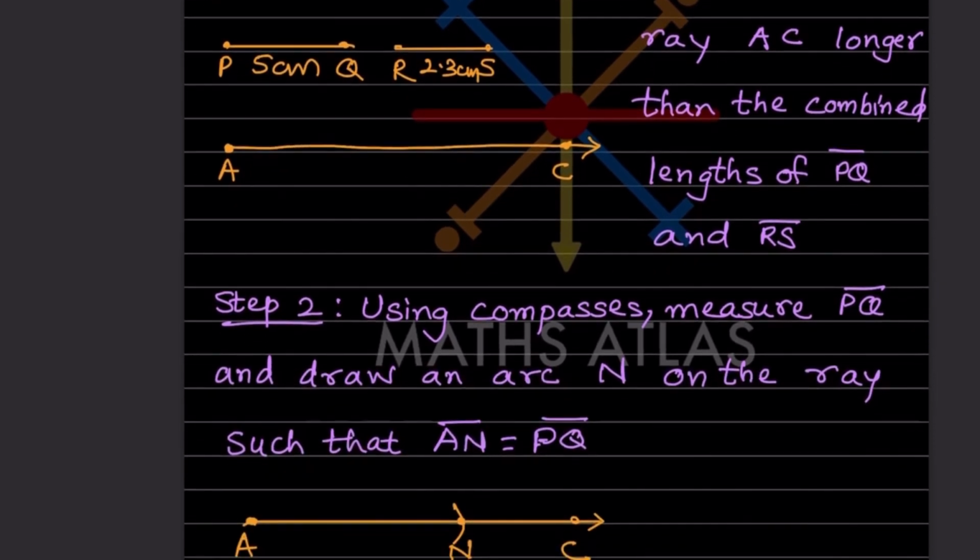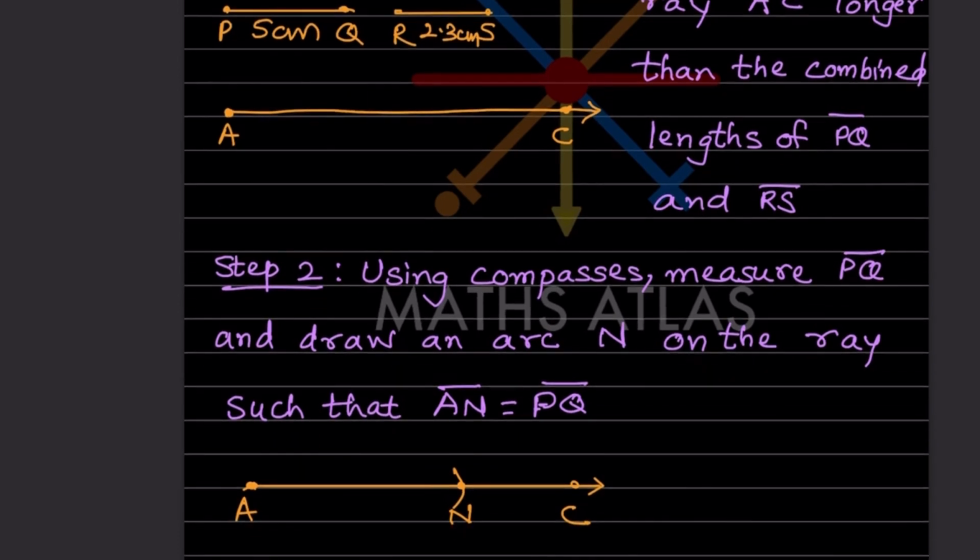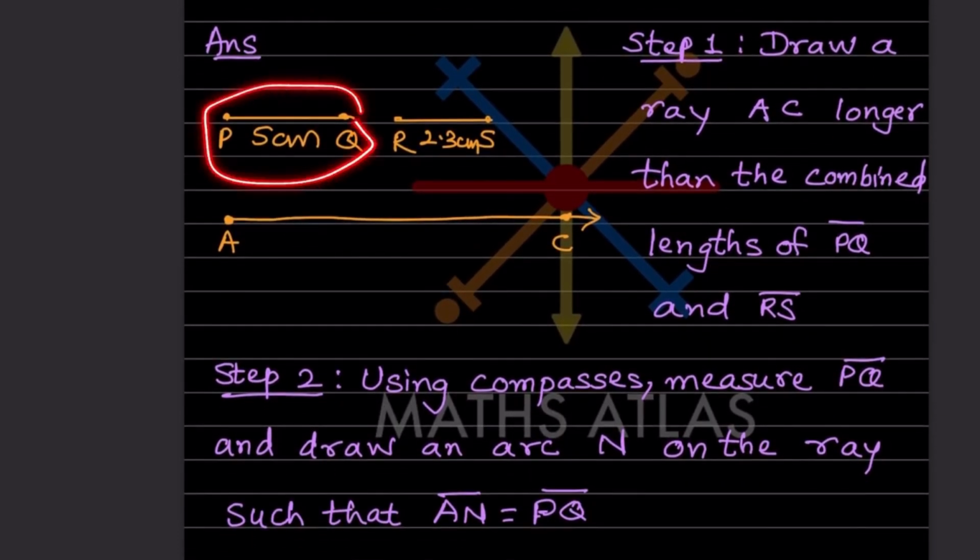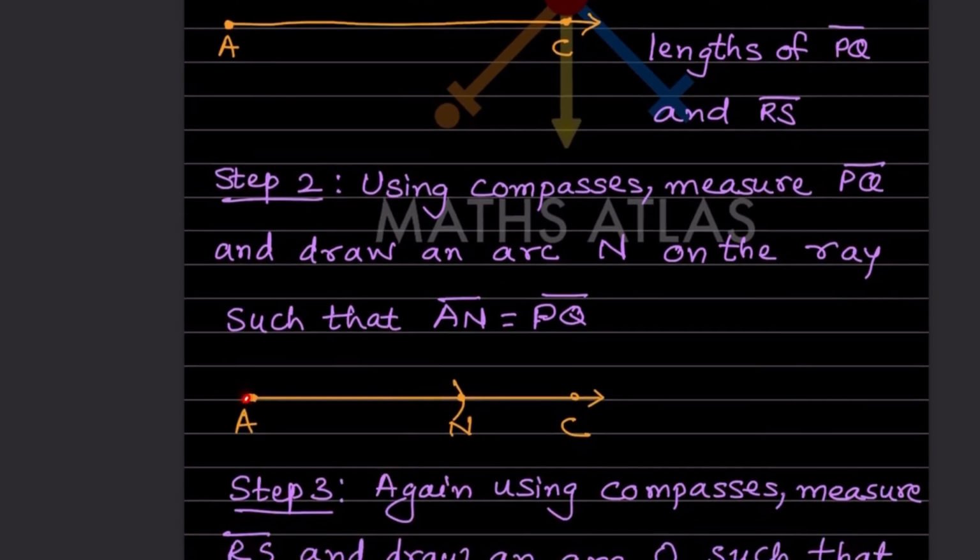Using compasses, measure PQ and draw an arc N on the ray. So first, with the 5 centimeter you will take with the help of the compass, starting from A you are going to draw this 5 centimeter over here on the ray. Mark this arc over here N, such that AN is 5 centimeter.